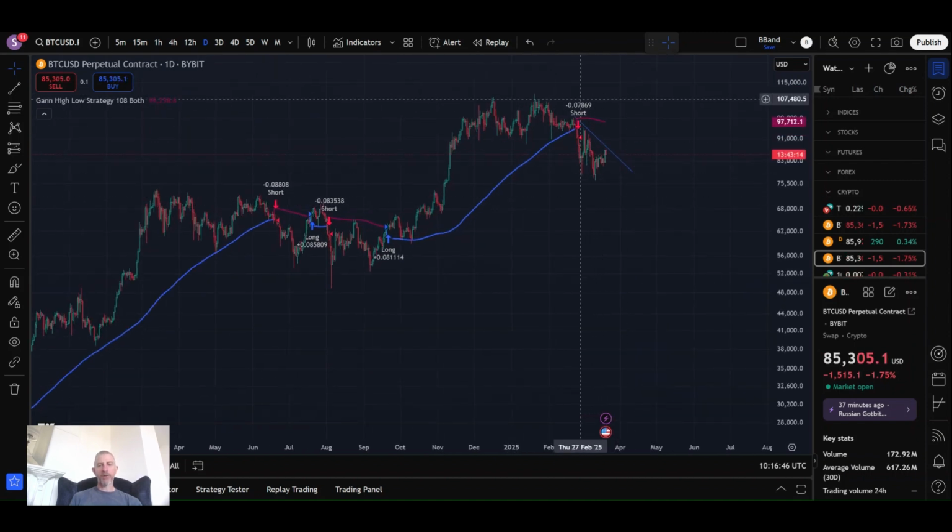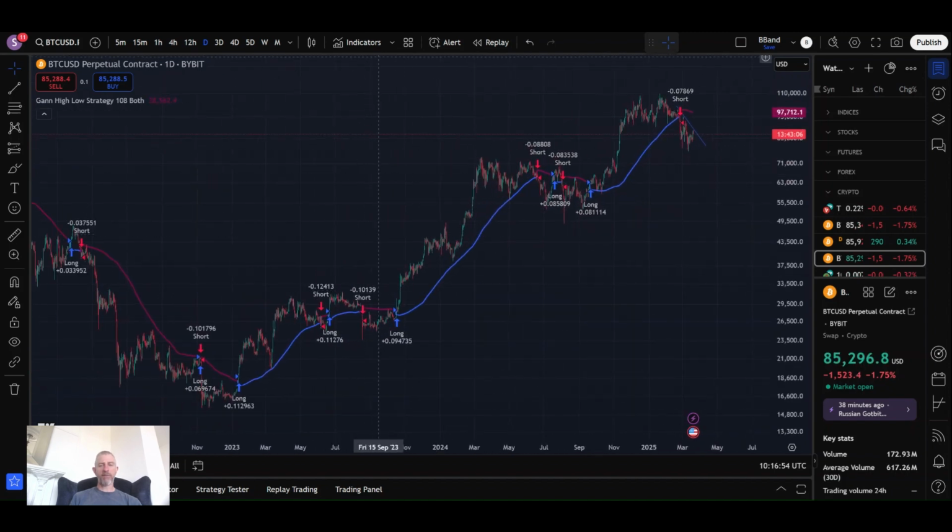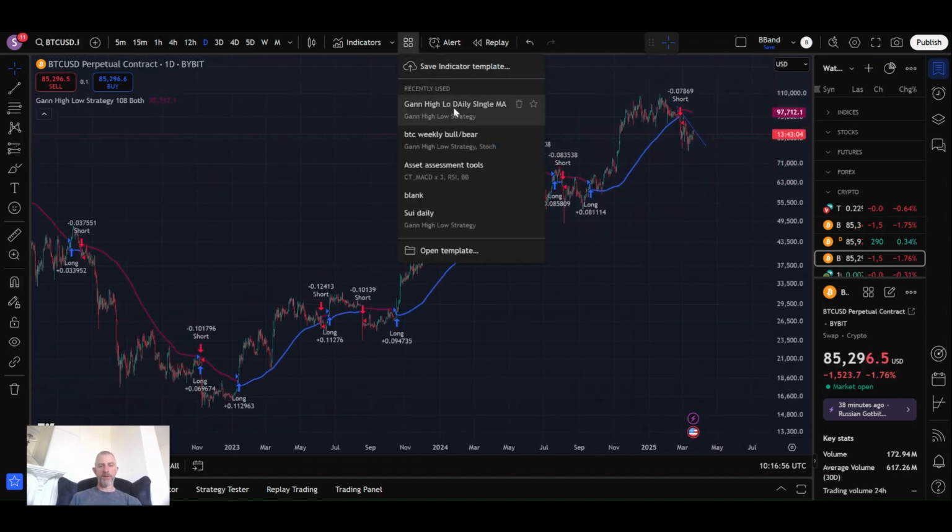And I wouldn't look to short, even though, yeah, short would have been profitable. I wouldn't look to short on this time frame until the weekly time frame moves into a short position. And that's just the way I play it.